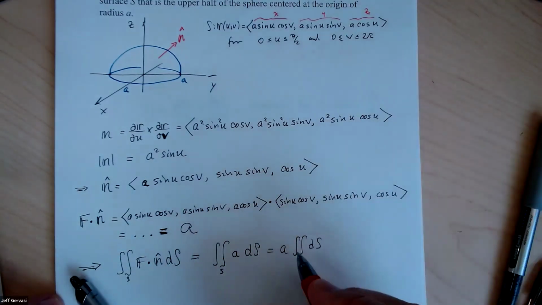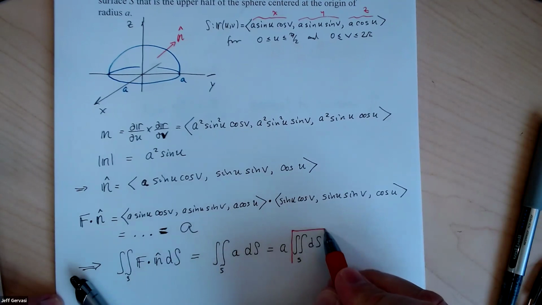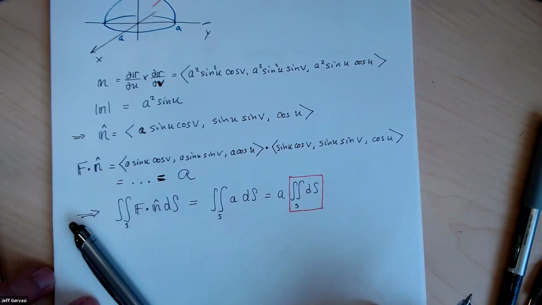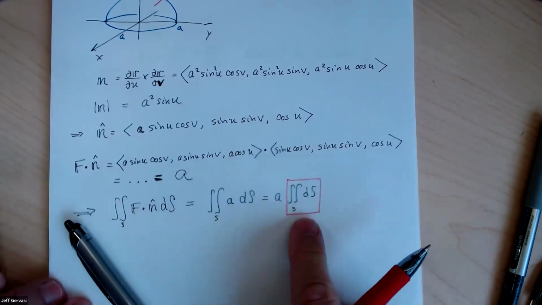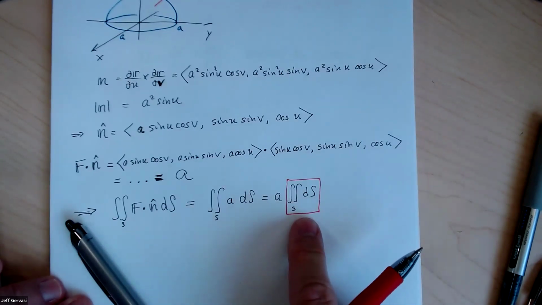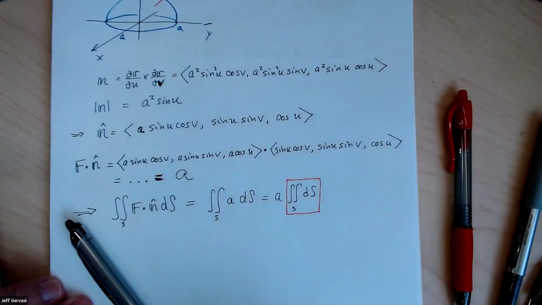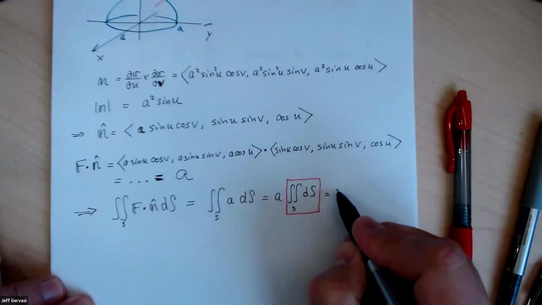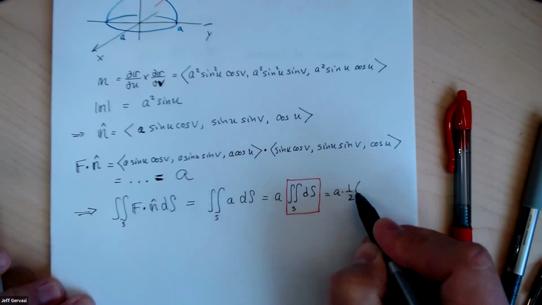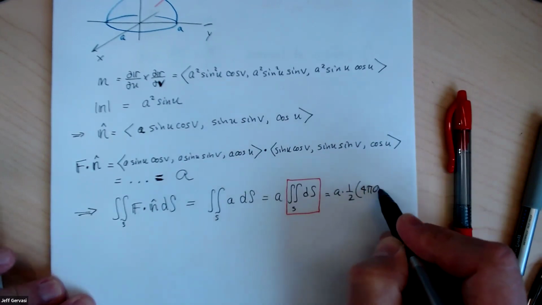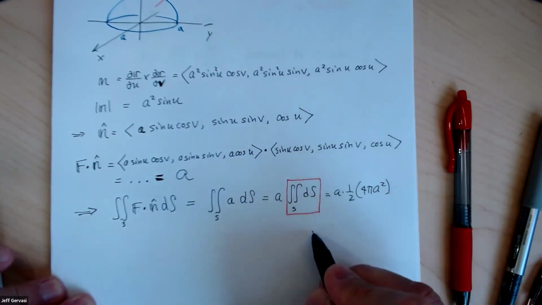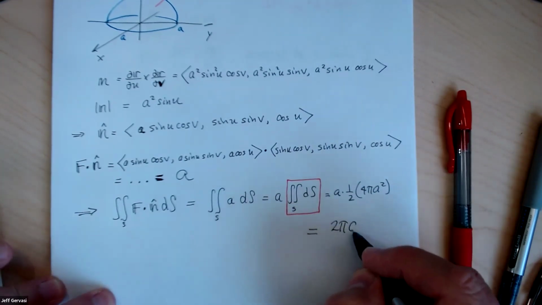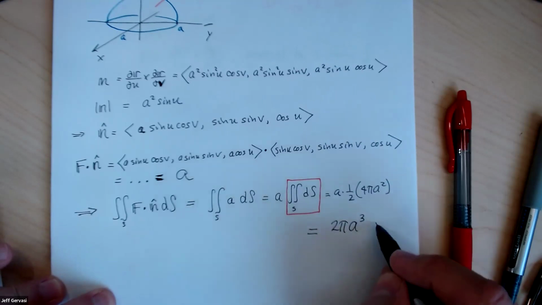Now remember what this is from the previous videos? Yeah, exactly. That's the area of the surface S, which in our case is the upper half of a sphere. So that's going to give us A times one half of 4 pi A squared, which simplifies to 2 pi A cubed.